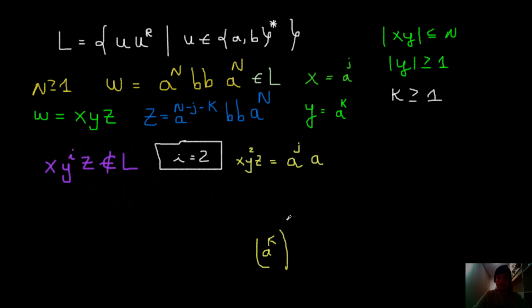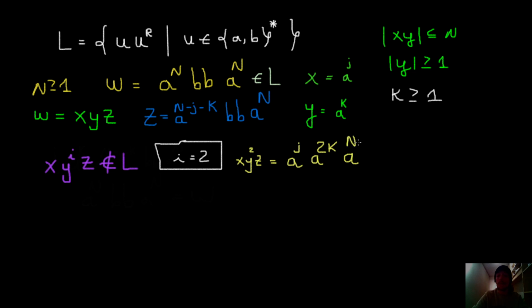So at the end, this is very important to know, we have 2 times k, and then we have z, which is basically this expression in here. This is the value z, right? So z, we can see it is a raised to n minus j minus k concatenated with b raised to n. And here we don't need to put z, but we need to put the base a, which is the terminal symbol.